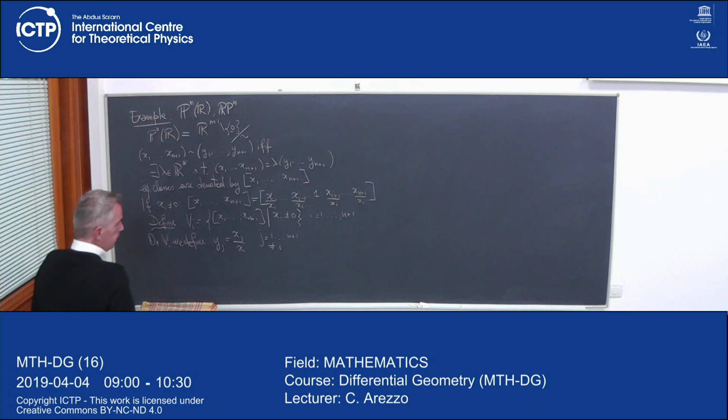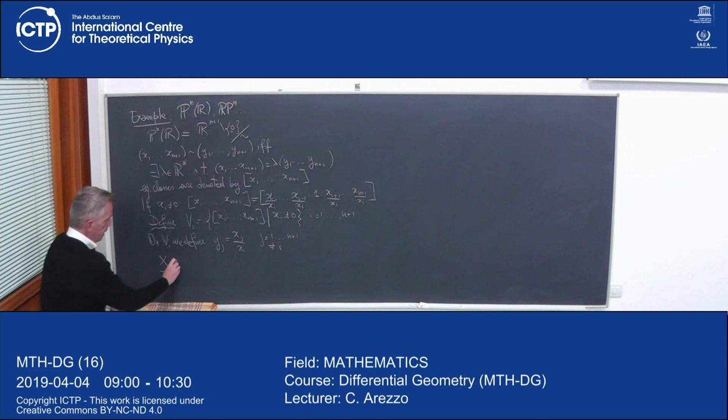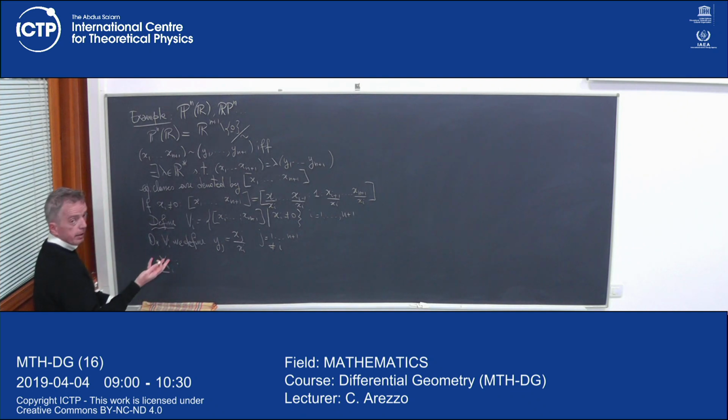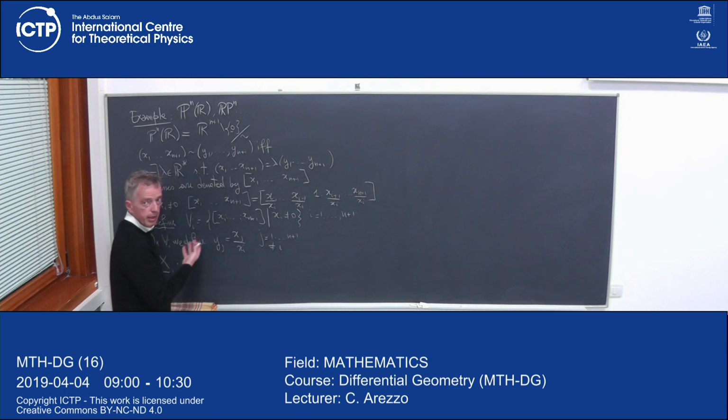Remember, in order to construct a differentiable structure, what do we have to do? We have to construct x_alpha from U_alpha to the set M. Here alpha is naturally i. So I have a finite number of them, x_i. The open set which is parameterizing these objects is the whole of R^n, because once I kill the useless coordinate, I'm left with all possible numbers.